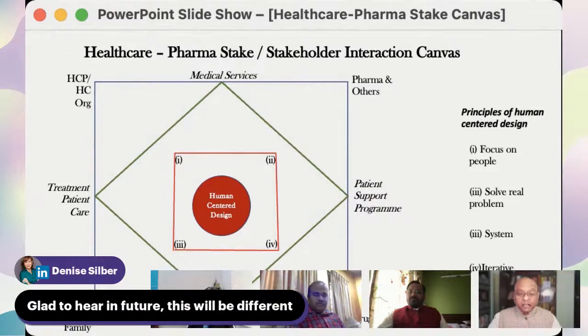It says that in human-centered design, the focus is on the people, real people. Second, it tries to solve the real human problem. Third, it is all about the system. It means if you change one, all other things will also change.